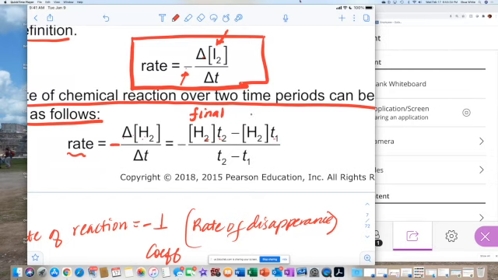The 1 for the time is initial. So T2 is the time when the reaction is over, when the reaction has ended, or whatever you decide is the stopping point. That stopping point versus the starting point. So T1 is the start of the reaction, and T2 is the end of the reaction. So the end minus the beginning gives you that difference, right?